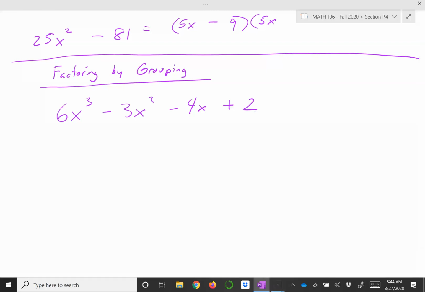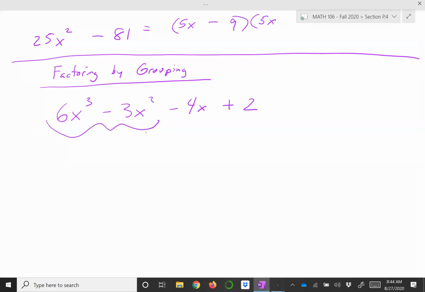So what's the greatest common factor for this polynomial? It's 1, right? So you really can't factor anything out if your GCF is 1. So what you do is you look at groups within the polynomial. Specifically, let's first look at this group right here: 6x cubed minus 3x squared.